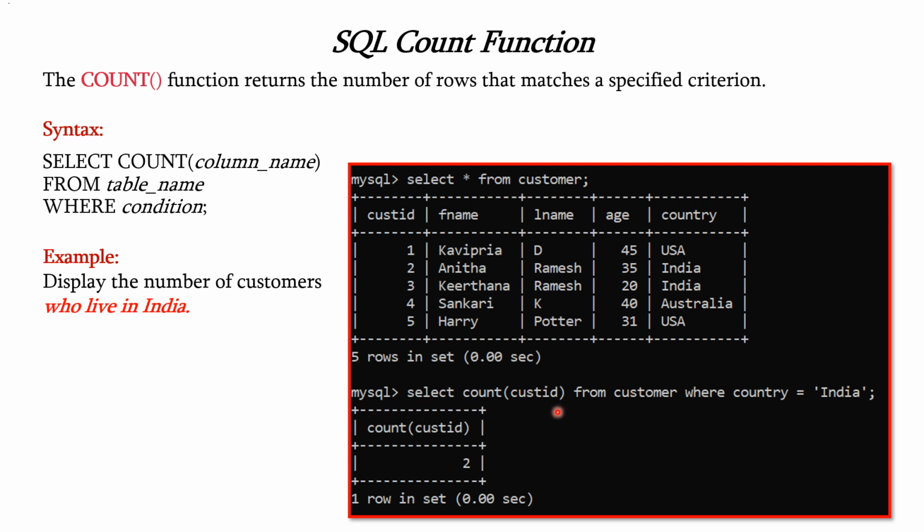Select count of cust ID from the table customer where country is equal to India. So this is the condition. In India, how many are there? Only 2 members, that is customer ID 2 and 3. So the count is 2 in total, and that is displayed as the answer here.